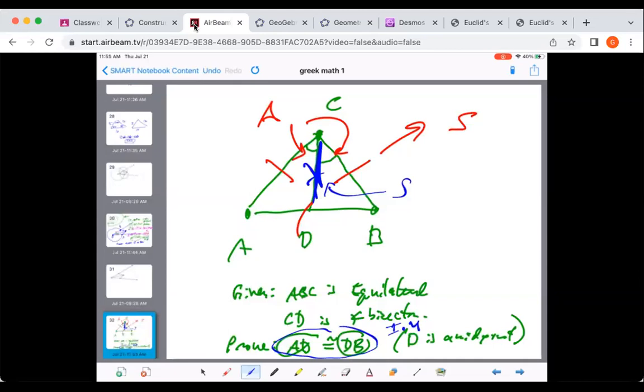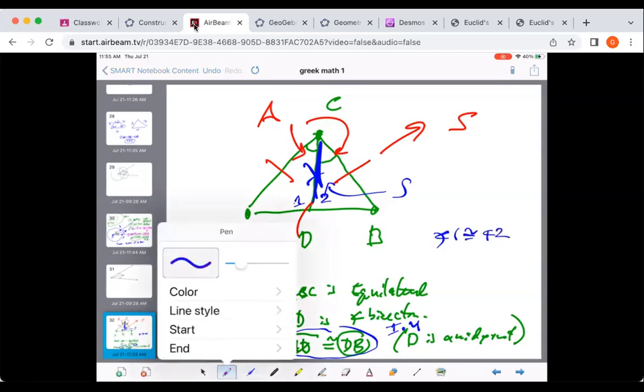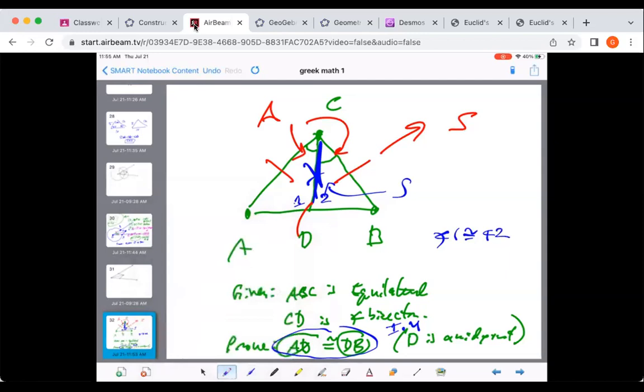Now it's also true by 1, 4 that this angle and this angle would have to be equal also. But those angles are equal and they add up to 180 degrees, so they would both be right angles. Which makes this not just the midpoint, but it makes CD the perpendicular bisector.